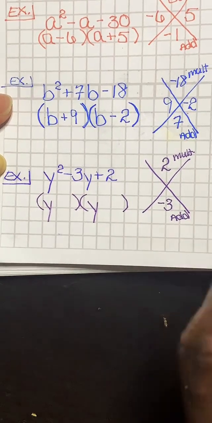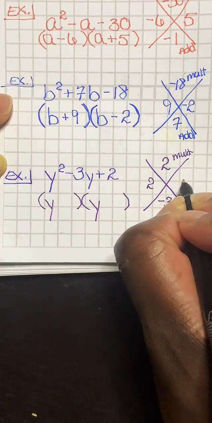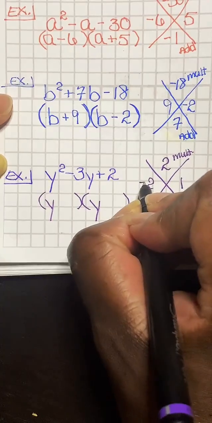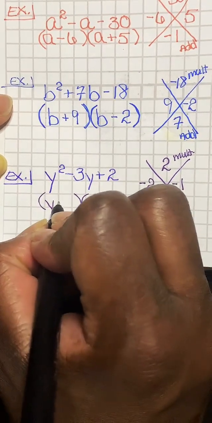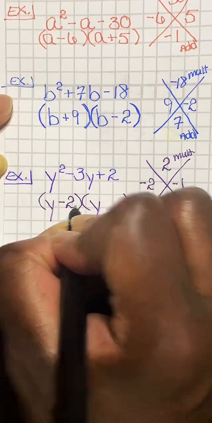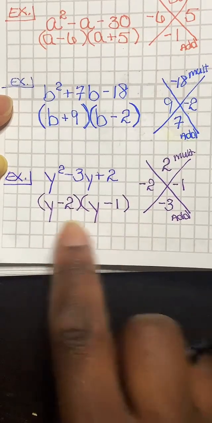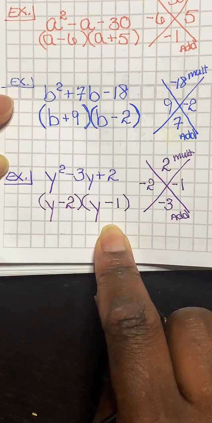Yes. All right. So if I do 2 times 1, that will work. But we need a -3. So that means both the 2 and the 1 need to be negative. So we have y minus 2 or y minus 1. If you want to switch them around, say y minus 1, parenthesis y minus 2, you can say that as well.